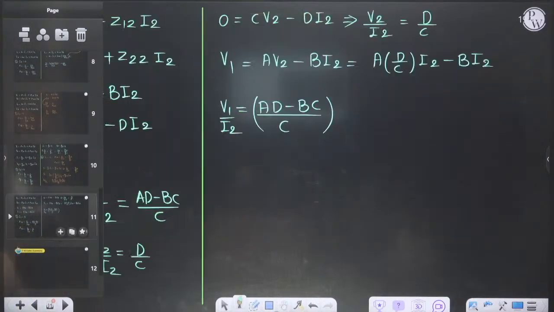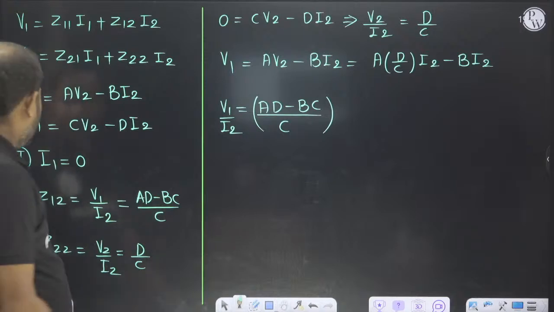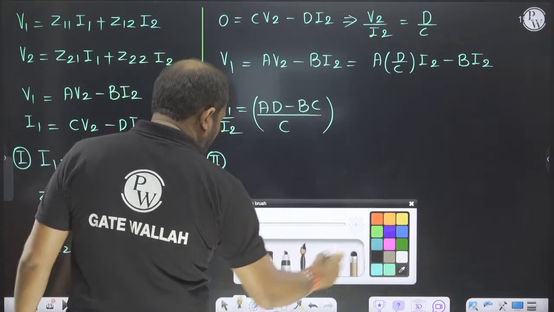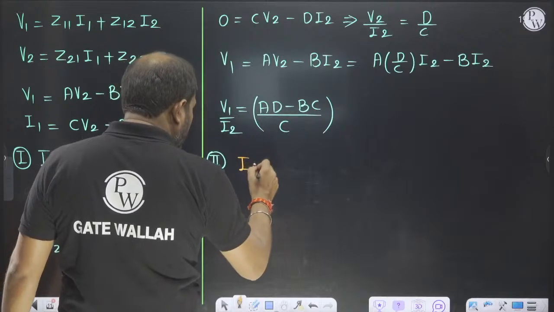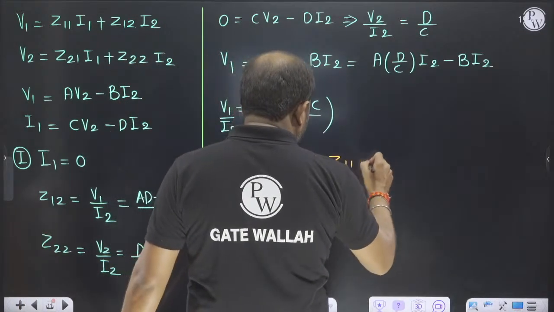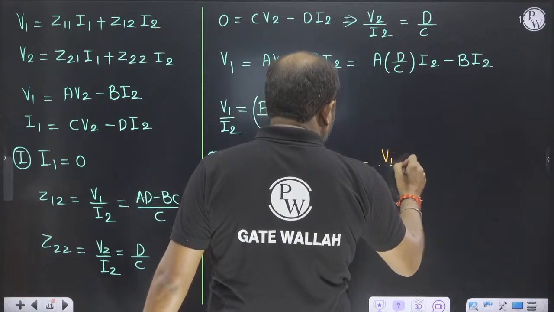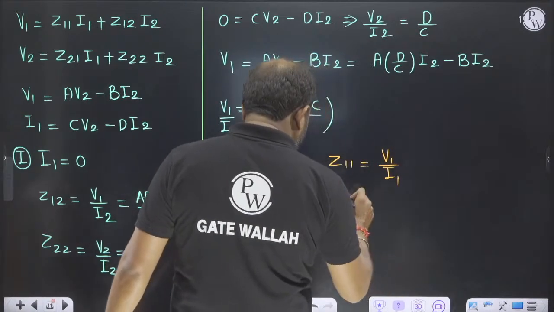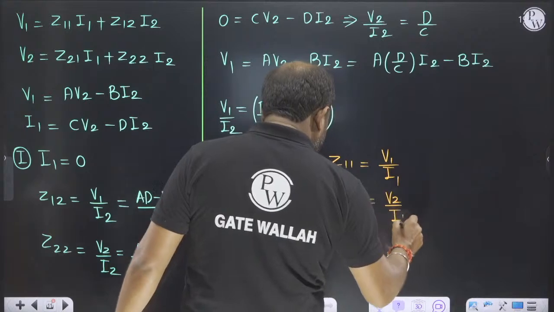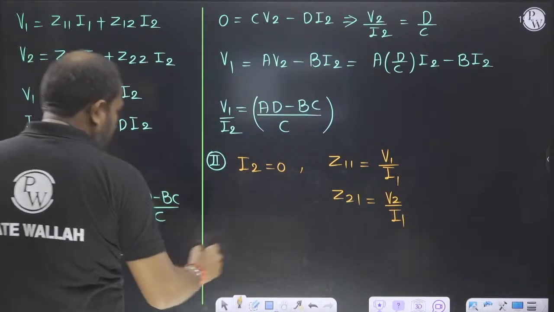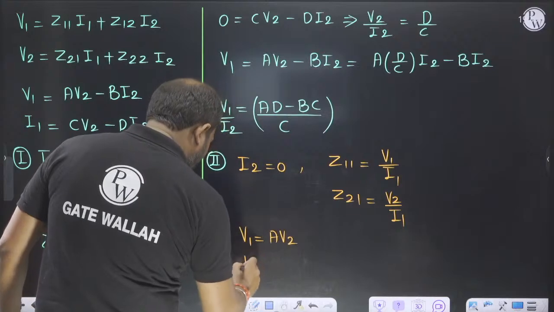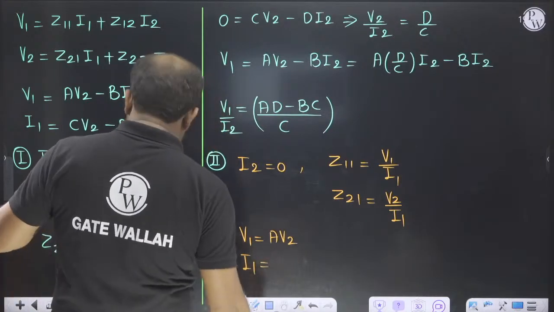Second case: I will make I2 equal to 0. Then we have Z11 as V1 upon I1 and Z21 as V2 upon I1. I2 is equal to 0, V1 is equal to AV2 and I1 is equal to CV2.